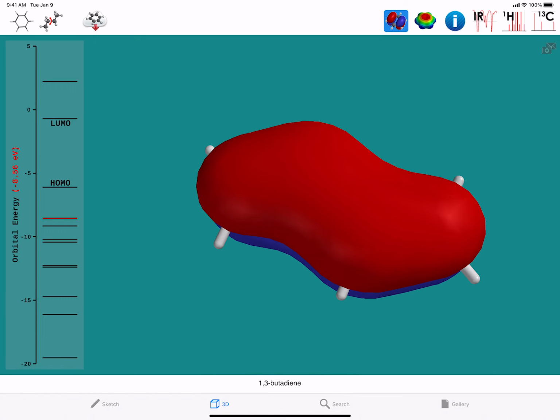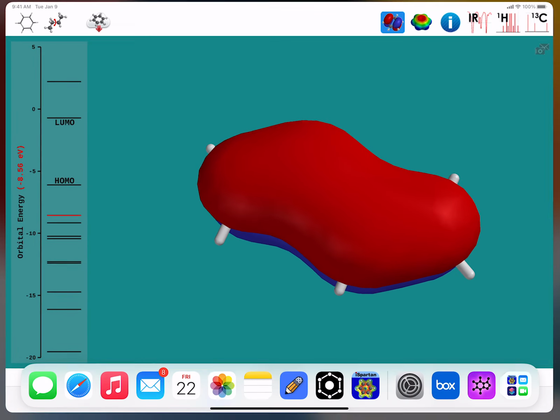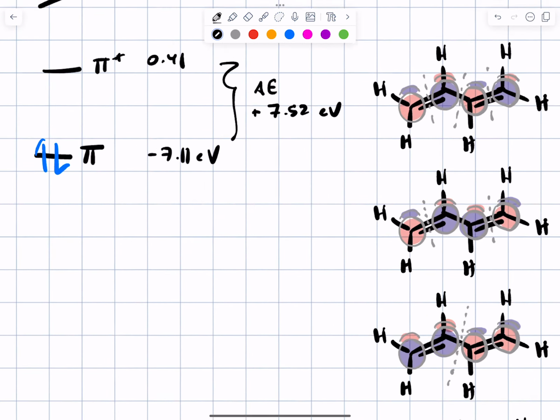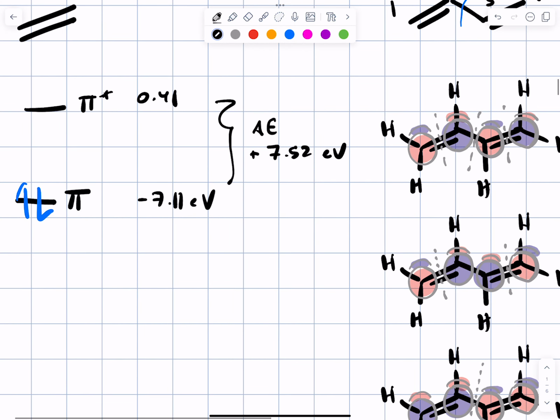By the way, take a look at this, before we worry about the HOMO. You guys asked if conjugation is stabilizing. Remember that the energy of the electrons in an isolated pi bond is minus 7.1. Okay? Over here for the ethylene molecule.